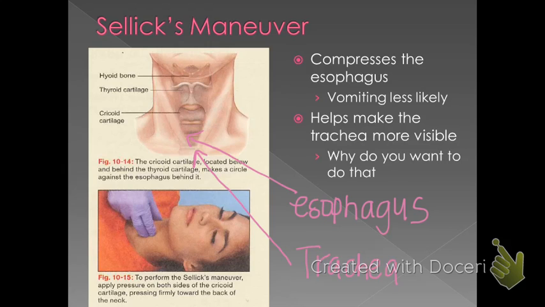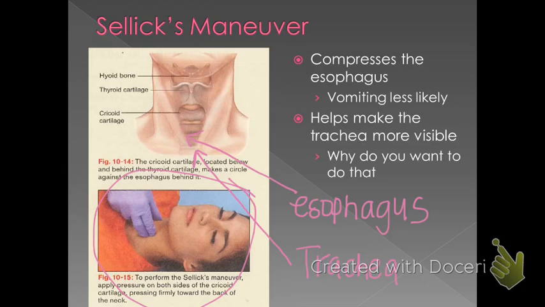When requested to do so by an advanced provider, perform Sellick's maneuver as follows. So your patient's going to be in a supine position, or they're going to be on their back. And as you can tell in the picture below, they're probably going to be unconscious if we're performing this maneuver. You're going to basically use your index finger and your thumb of one hand to provide a downward, almost posterior pressure over what is called the cricoid cartilage.